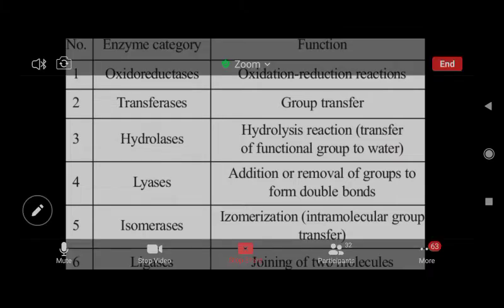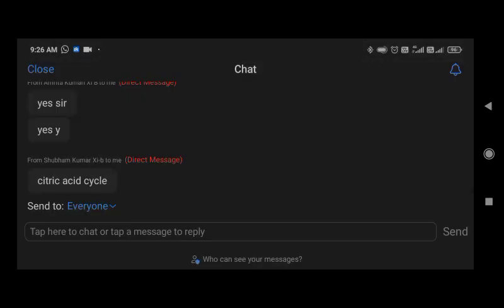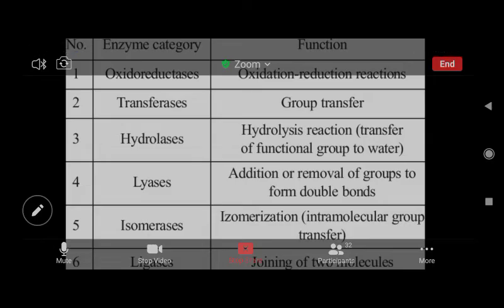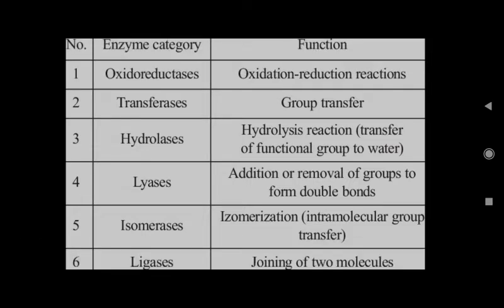Let me see your answer once. Okay. If you can remember glycolysis, glucose 6-phosphate gets converted into fructose 6-phosphate in the presence of the enzyme phosphohexose isomerase.